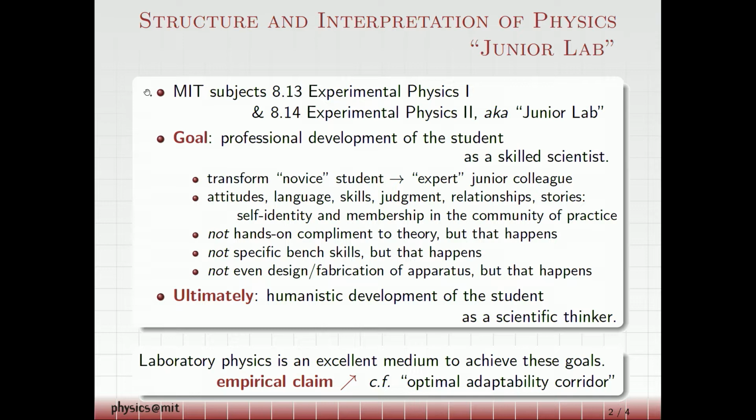Given the way our graduation requirements are structured, most students are required to take the first semester, 8.13. Most are not required to take the second semester, 8.14. It tends to be a more self-selected group of people who want to do experimental physics.